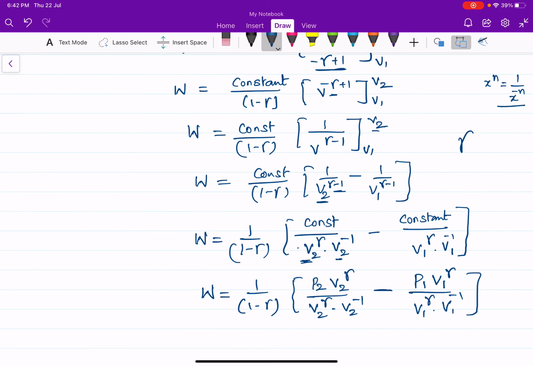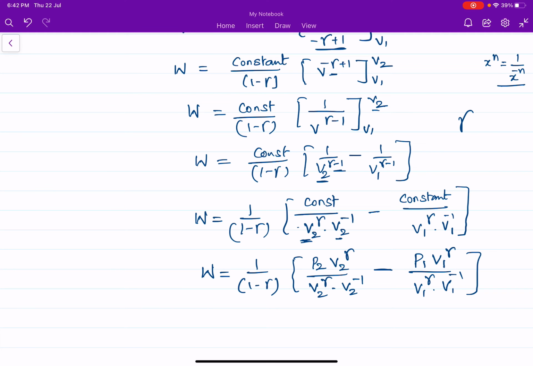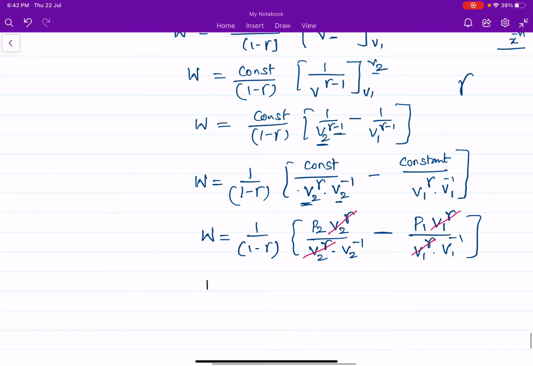So here V2 power gamma and V2 power gamma cancel out, and V1 power gamma and V1 power gamma cancel out. Now I am writing the final conclusion as work done equal to 1 by 1 minus gamma into P2.